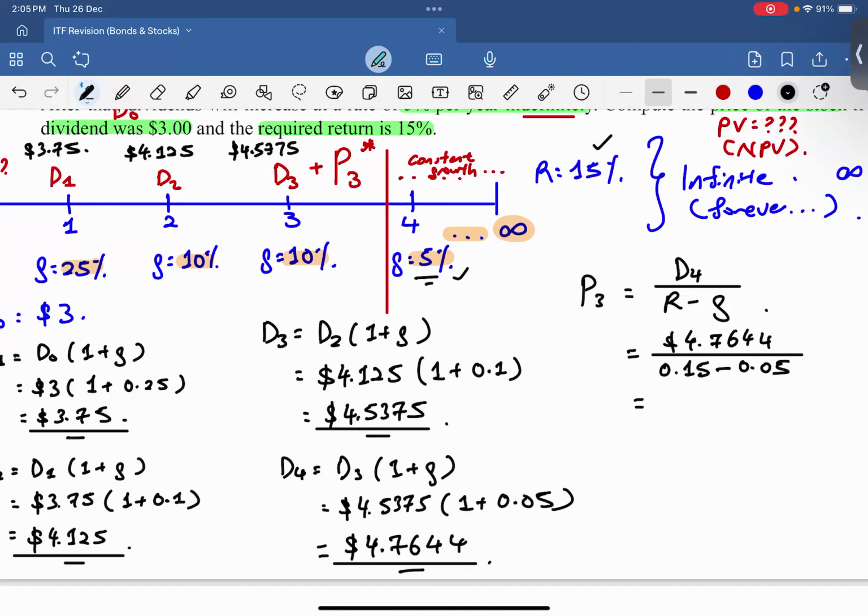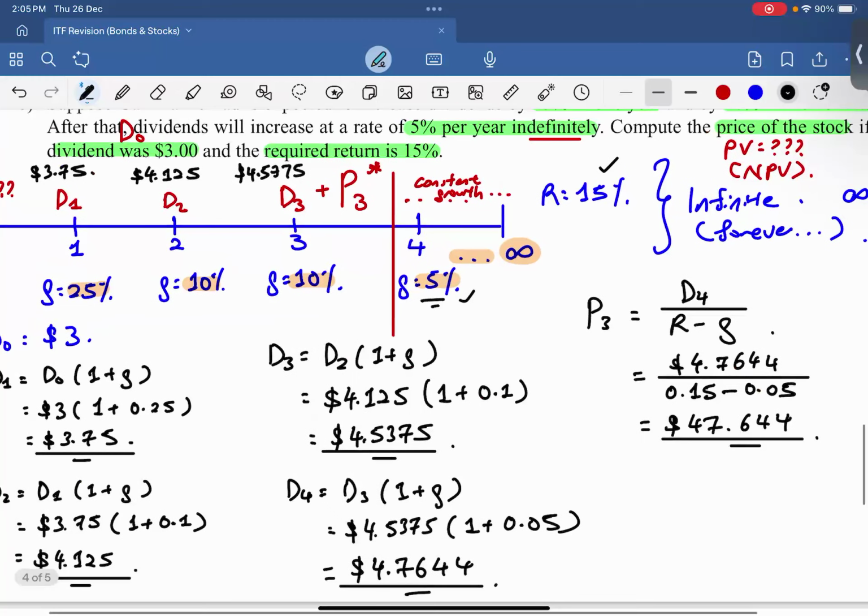This is a long question. So key into your calculator and see what value will you be able to get. Okay, so now you get all the values ready.